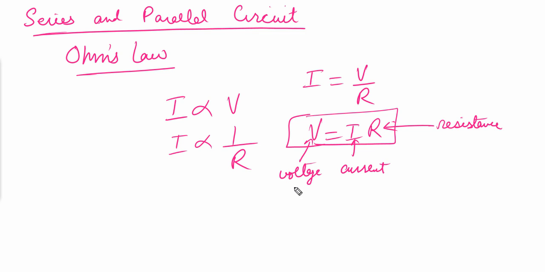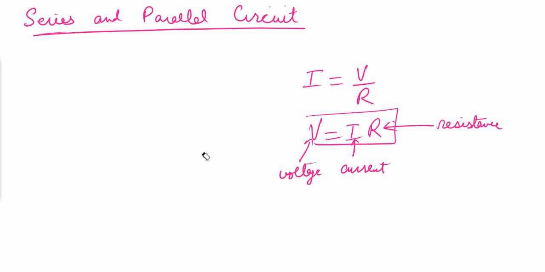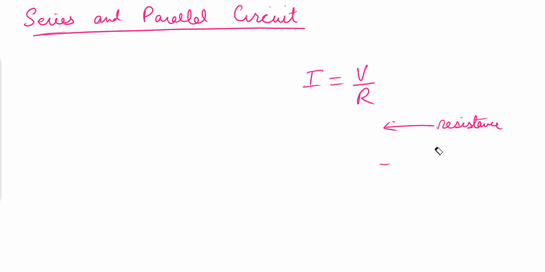Okay, so after Ohm's law, we have to see how we can measure the electrical energy and electrical power in a circuit. For that purpose, I have to draw a circuit, and I'll do some calculations, and from that circuit I will find out the power and energy.